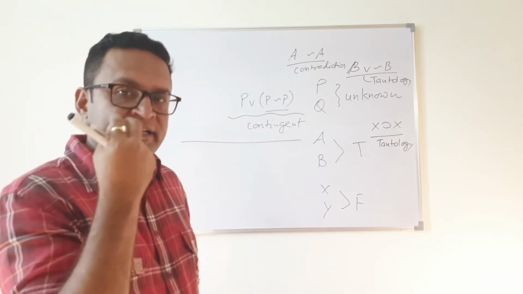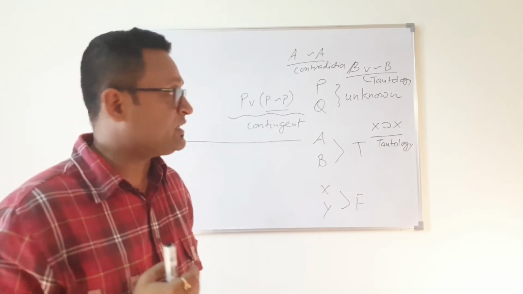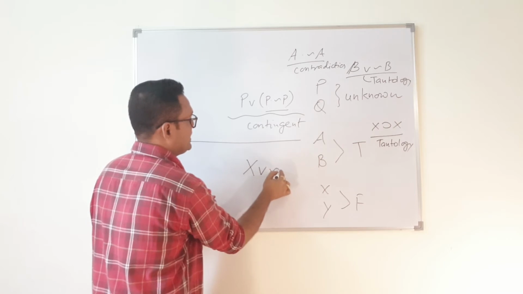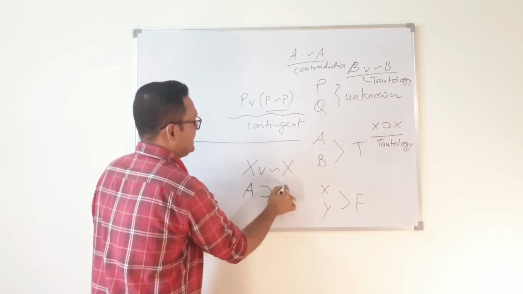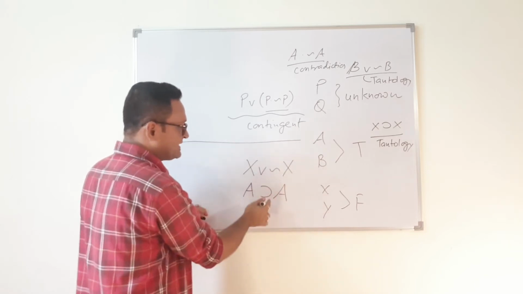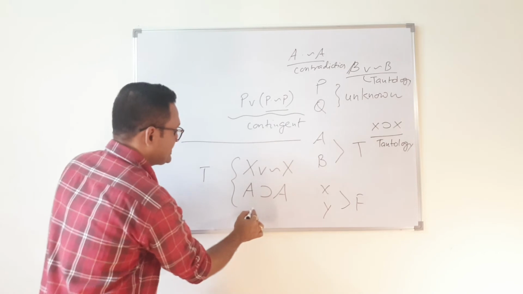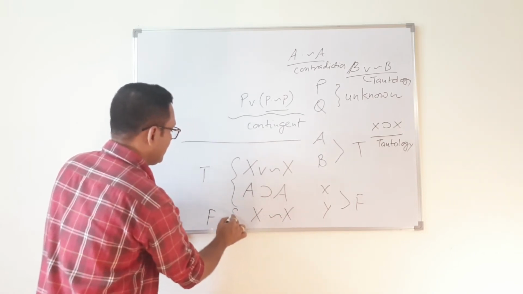So you need to understand these small things and figure out what is going to be a tautology. A basic expression of tautology is X wedge negation of X, or A implies A. Whichever way, these are equivalent expressions. These are tautologies. Fine. And if there is an expression like X dot negation of X, then this is always going to be a contradiction.